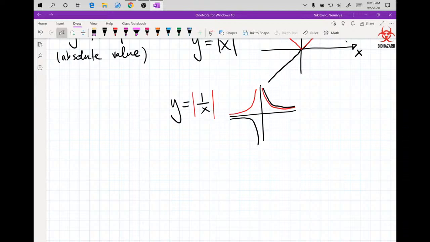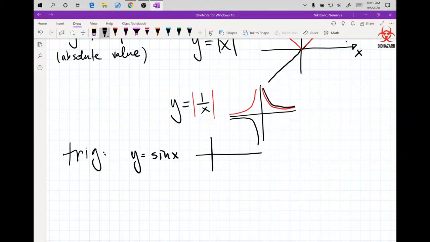The rest pretty much don't show up at all. So for trig, we have y equals sine x, and one period of that would look like this, ending at 2 pi.